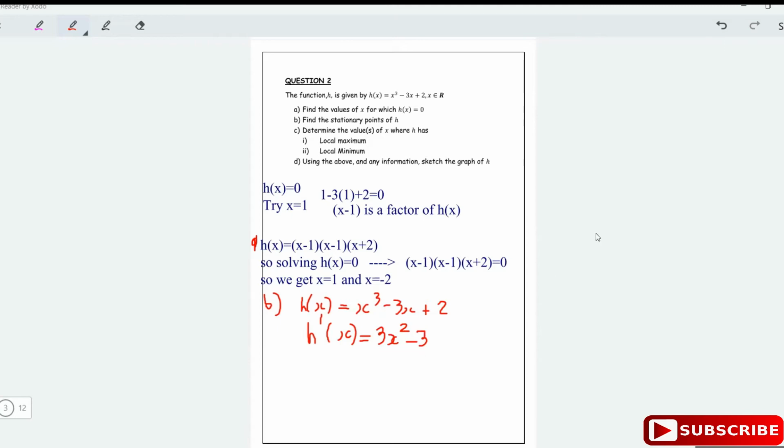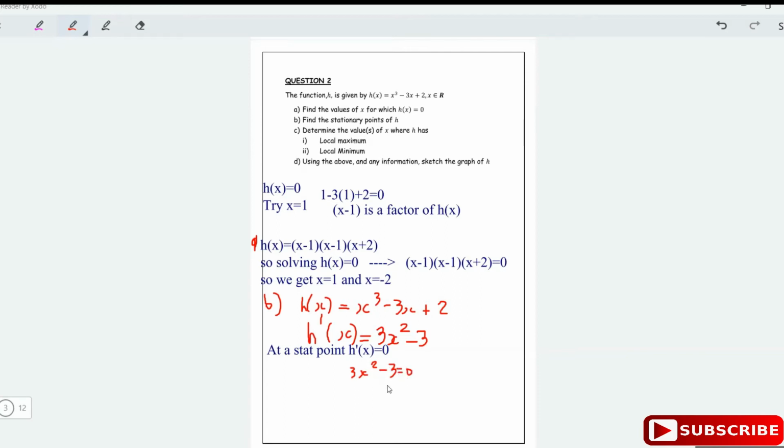But guess what? At a stationary point, the derivative equals 0, so we can't forget that. At a stationary point, we know that h prime of x is equal to 0. So we can set 3x squared minus 3 equals 0.